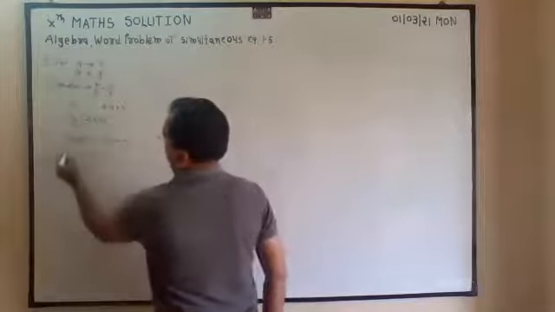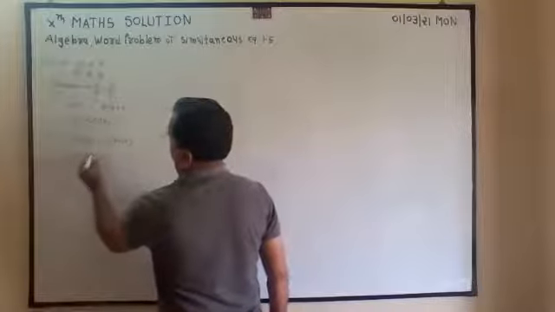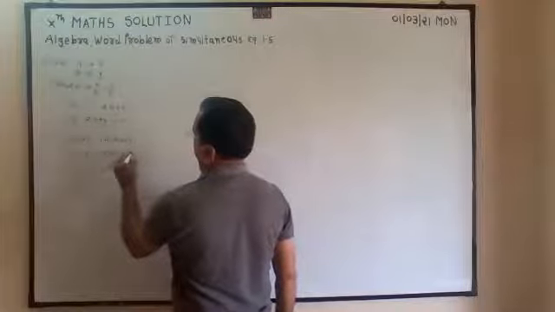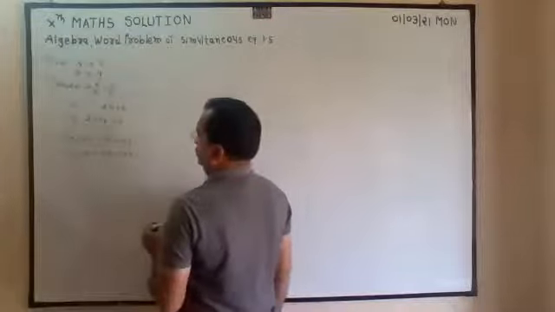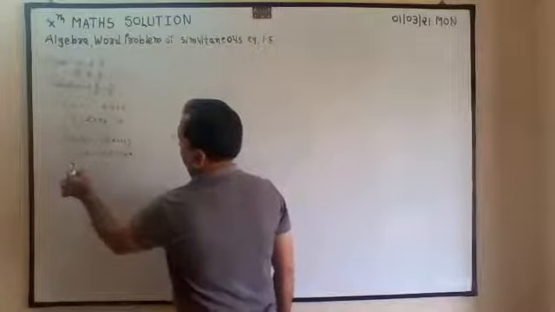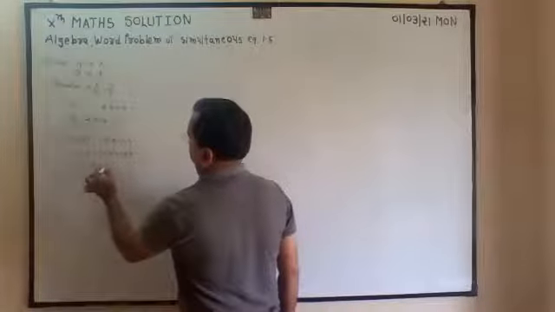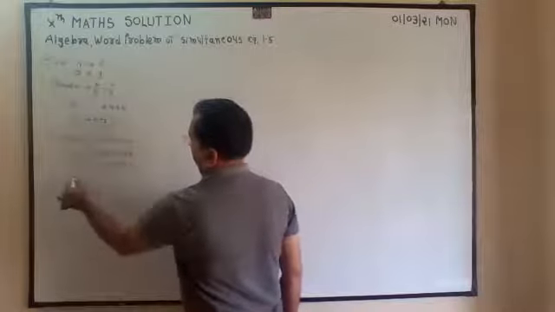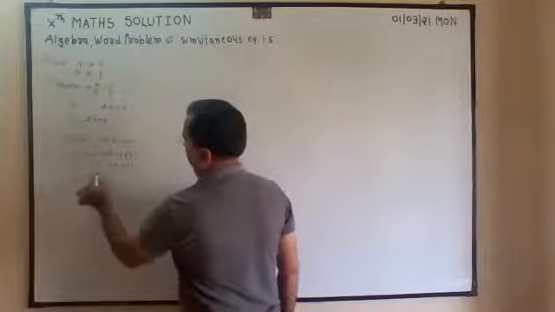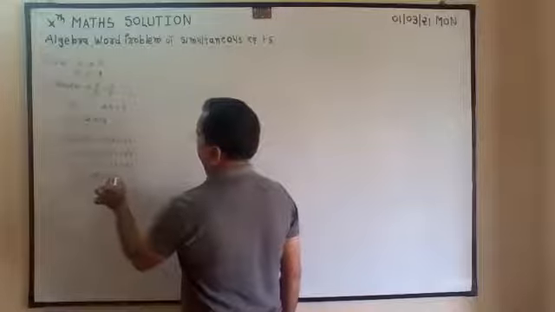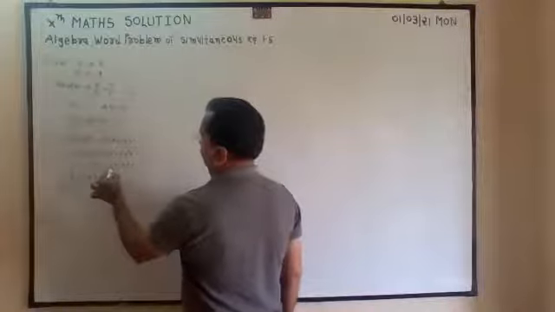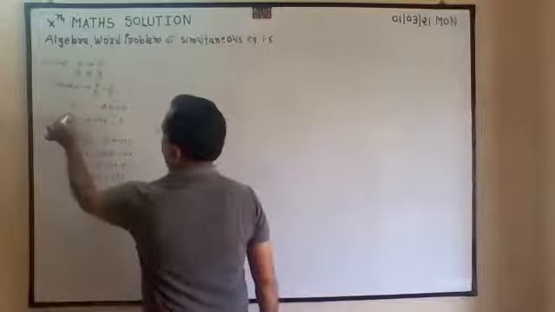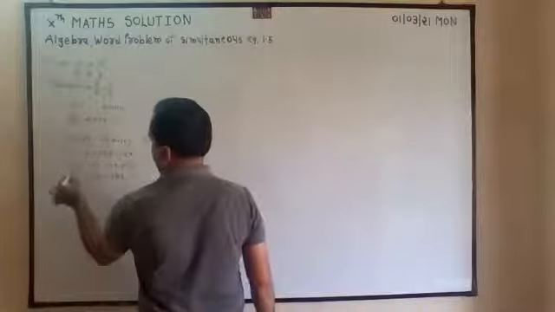So second condition, y minus 12 is equal to 12x minus 144. So y is equal to 12x minus 144 plus 12. Minus comes this side. So y is equal to 12x minus 132. Now this is also y and this is also y.